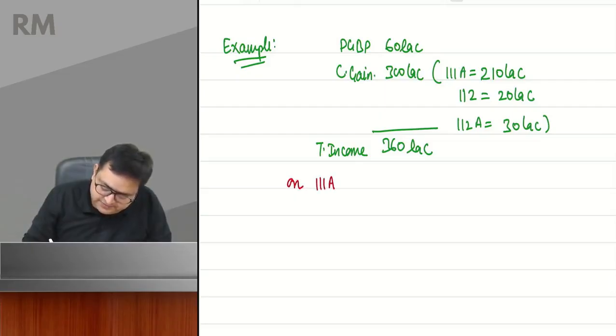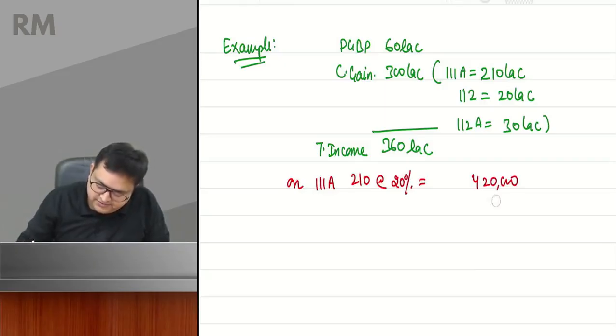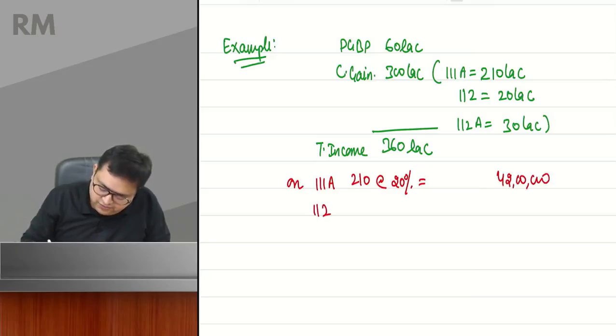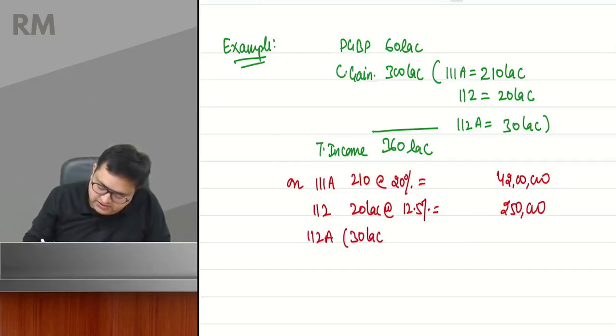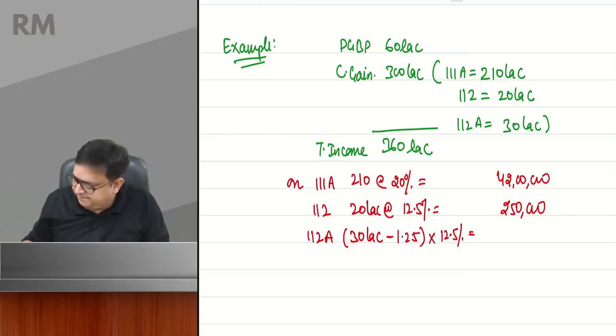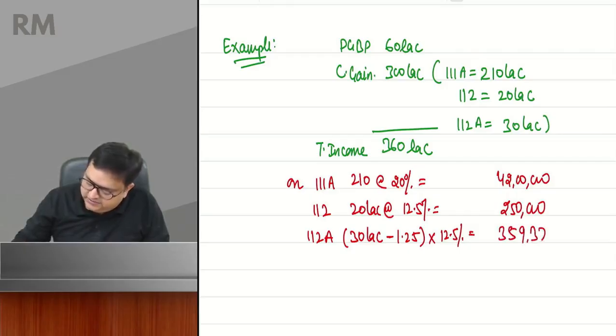On triple 1A, 210 lakh at the rate of 20%, 42 lakh. 112, 20 lakh at the rate of 12.5%, 2 lakh 50,000. 112A, 30 lakh minus 1.25 lakh into 12.5%, 359, 375, all okay, I believe.